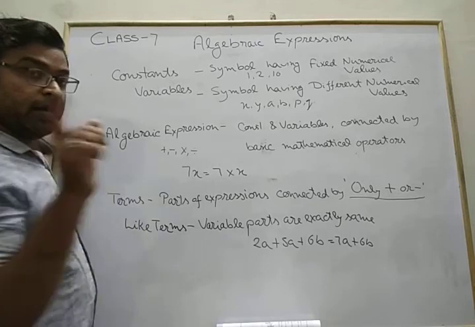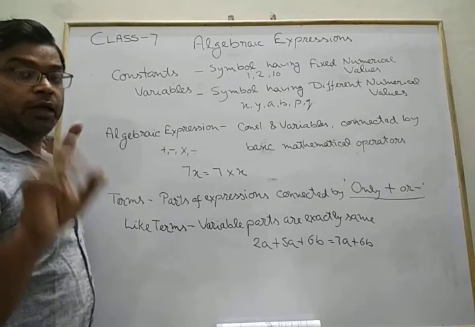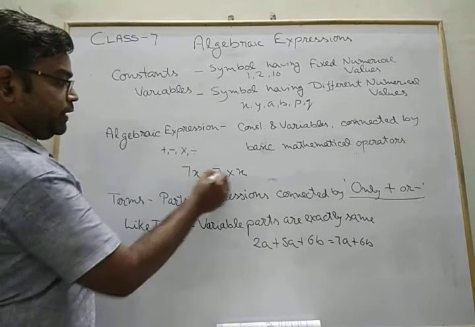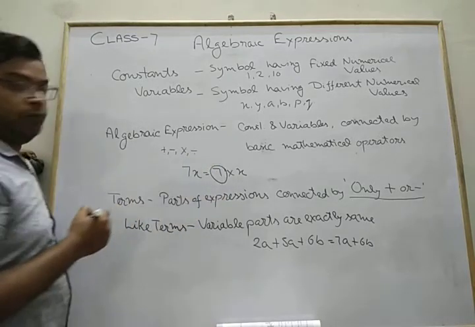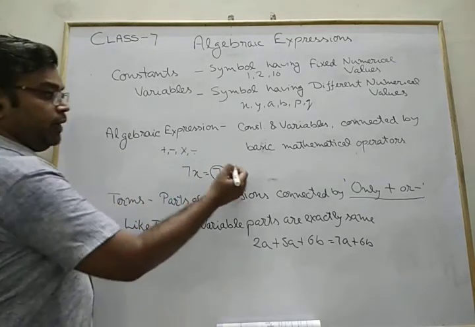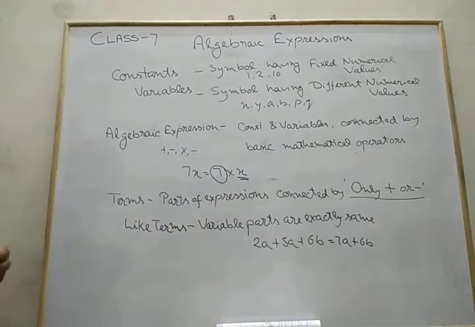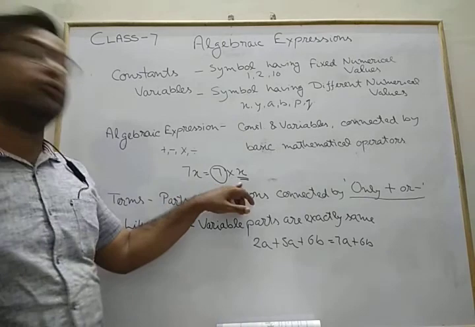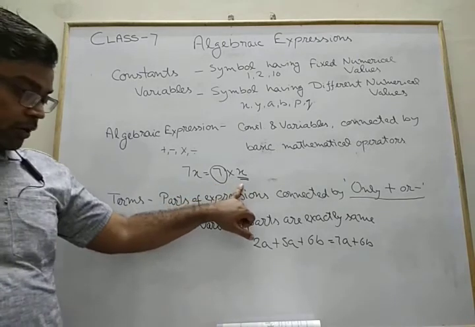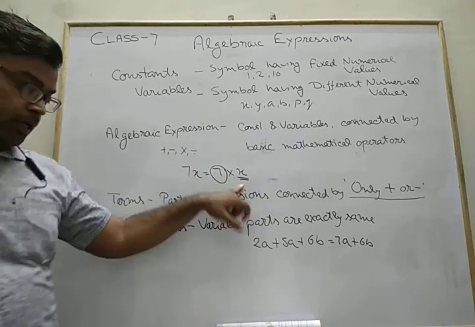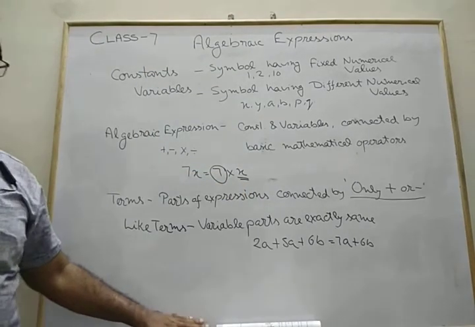Numeric means having an exact numerical value, that is 7. In this case 7 is the numeric coefficient. But the variable part of the factor is known as the variable coefficient or literal coefficient. This is x. It's a literal coefficient. These things are from your earlier classes.